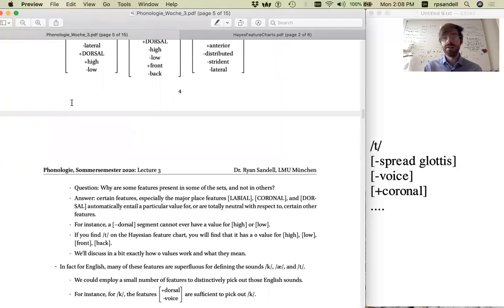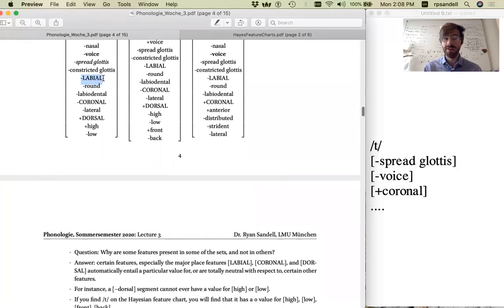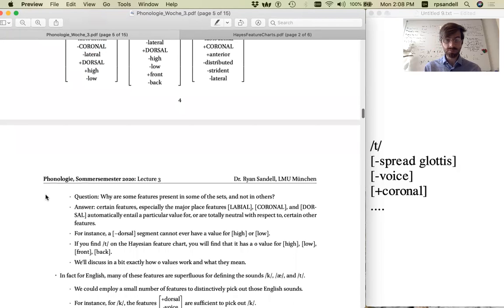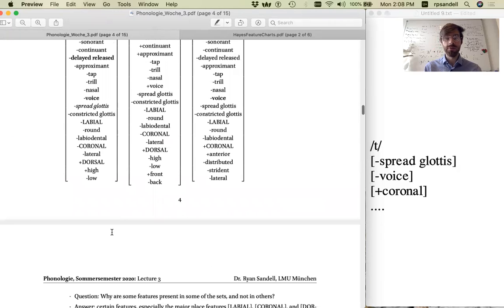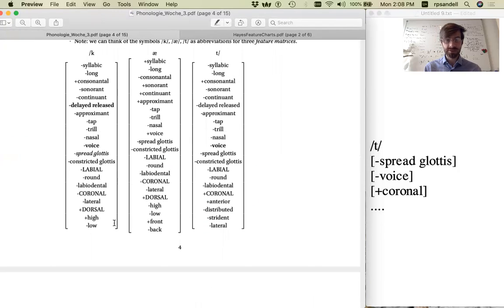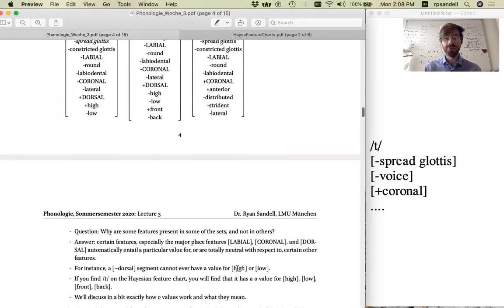Why is that? The reason is that there are certain features, and in particular the three major place features, labial, coronal, and dorsal, which automatically entail some particular values or which are consistently totally neutral with respect to other features. So for instance, a sound which is non-dorsal, which is minus dorsal, can't ever have a value for the features high or low.